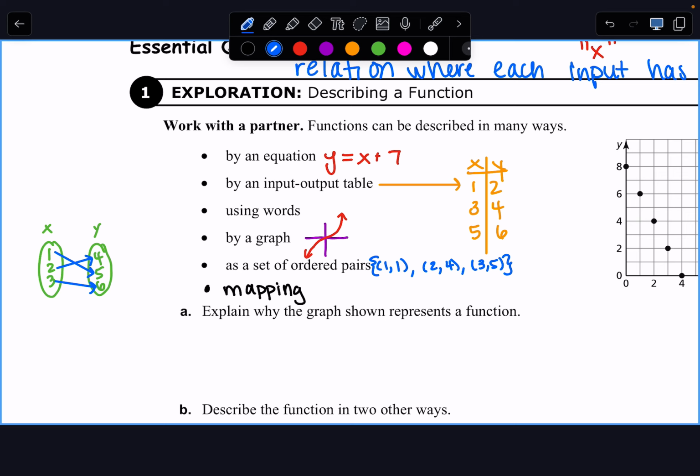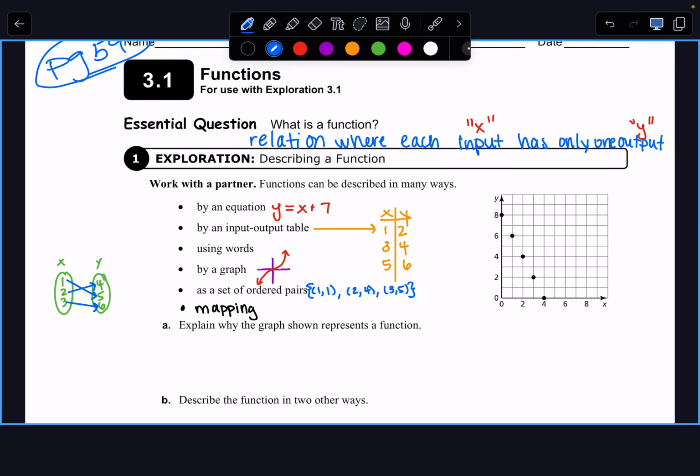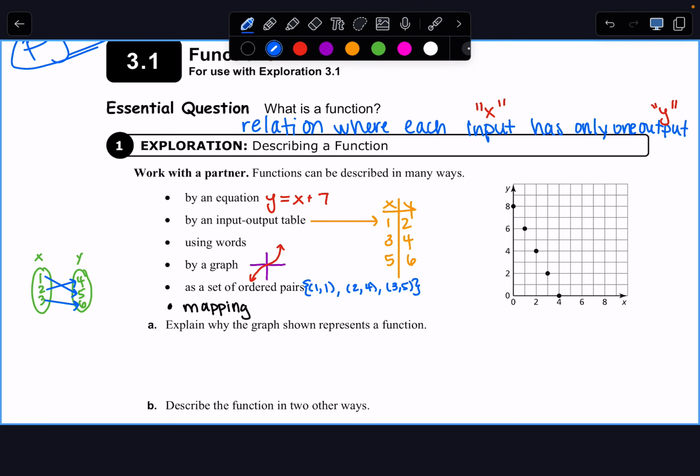Okay, so let's talk about what this means in terms of a function. Each input has only one output. So every x has only one y. Okay, so I want you to look at this graph.